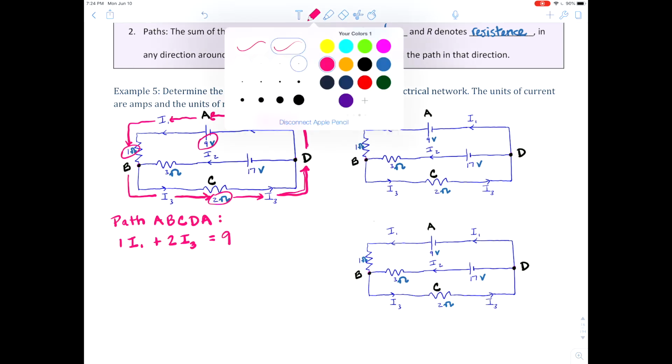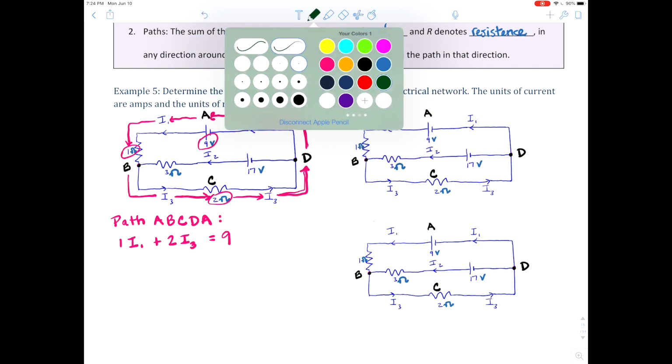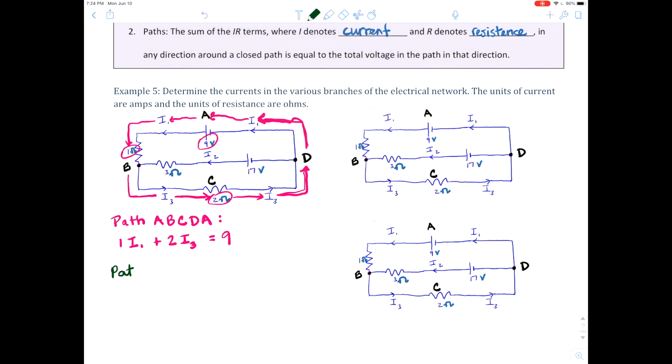Notice there's that middle path as well, so I'll do it on the one to the right of the first image. If I start at B and go over through C, I get to my 2 ohms, so I'll have 2 I3.